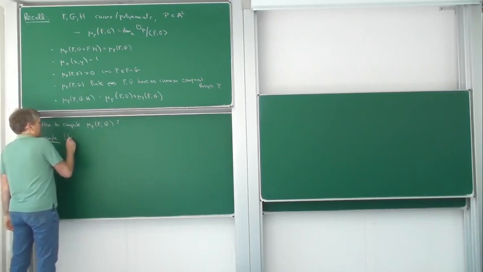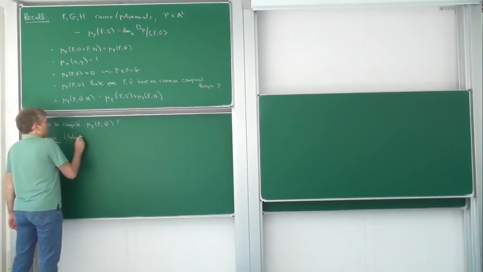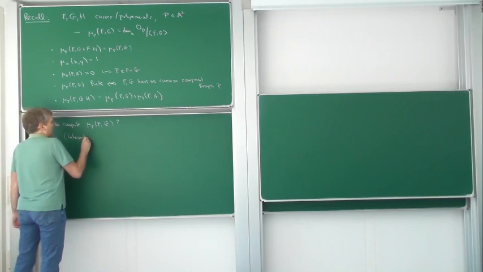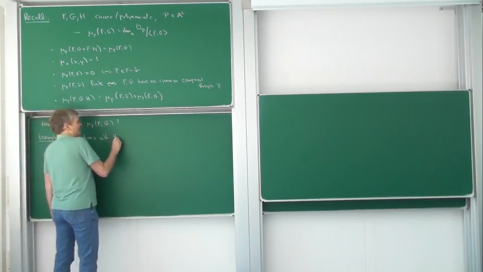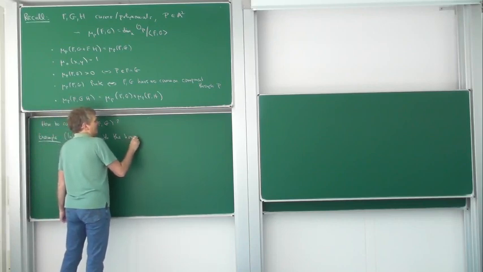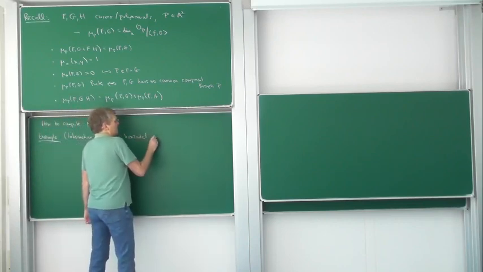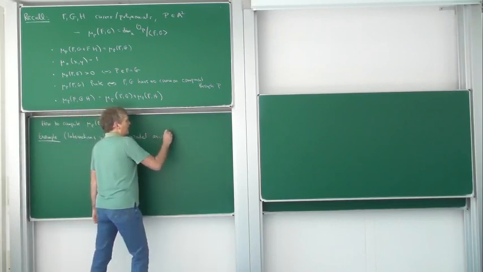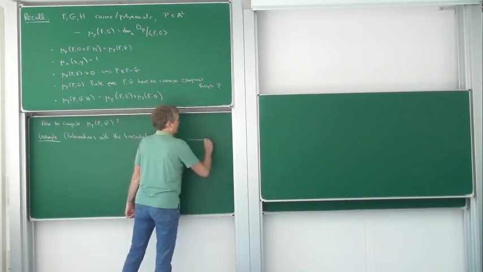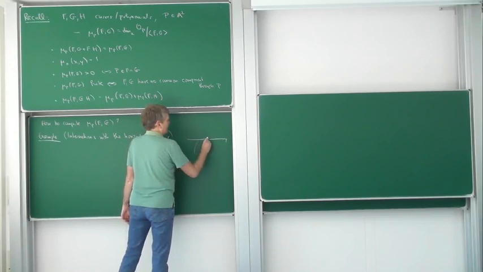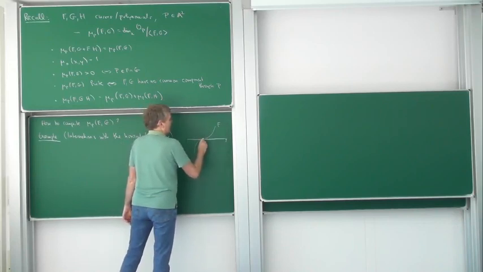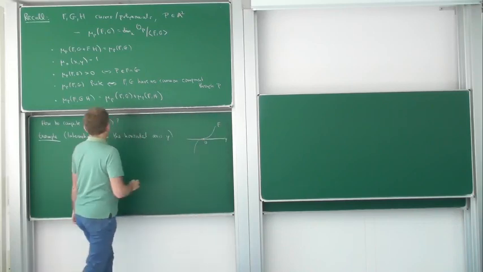What would be the equation of the horizontal axis? It is y, and then any other curve would be f, and the point would be the origin.